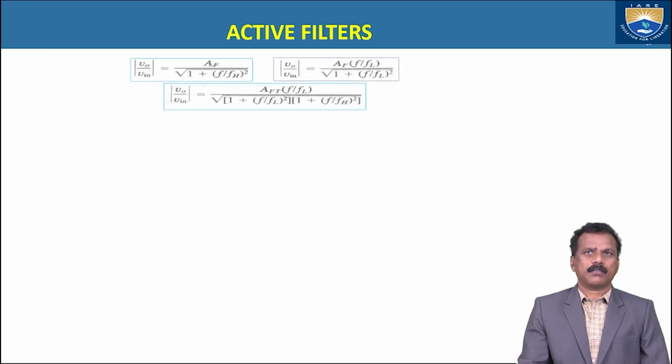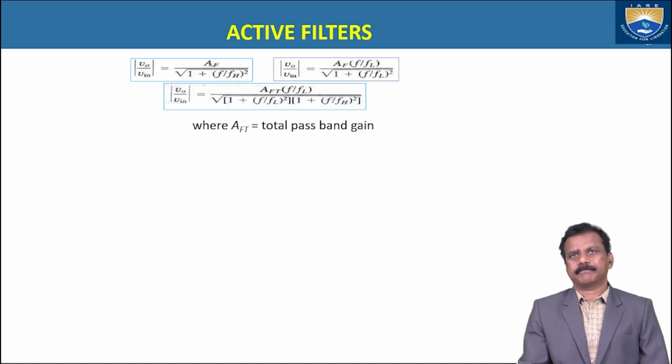For this case, output voltage by input voltage, the mathematical interpretation: AFT of F by FL, divided by the square root of 1 plus (F by FL) squared, times 1 plus (F by FH) squared, where AFT is the total passband gain.